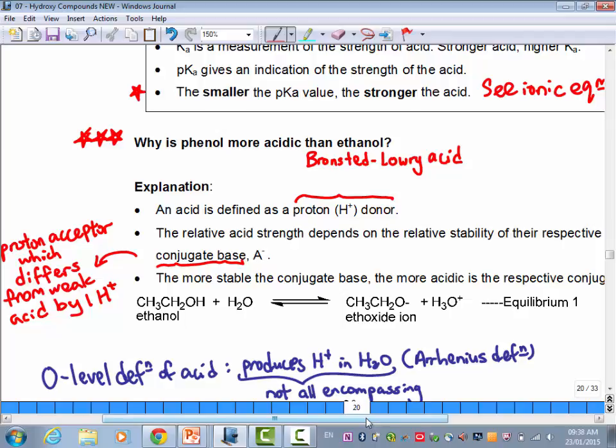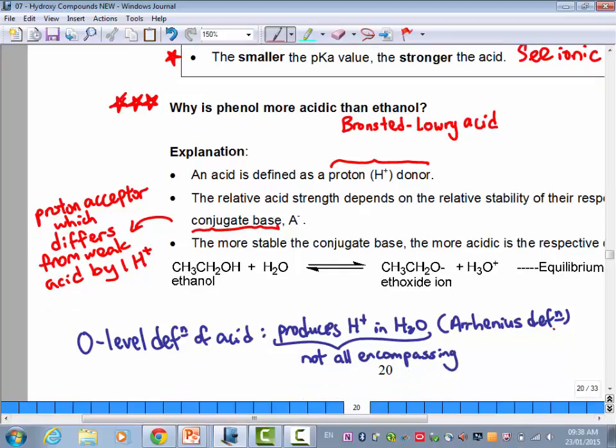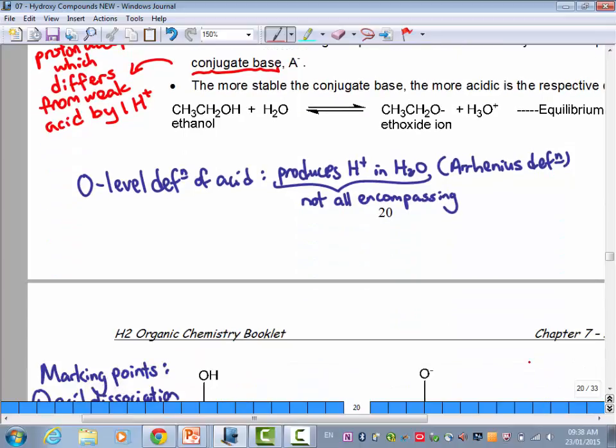If you want a more precise definition, a conjugate base is a proton acceptor. The acid is a donor, and the conjugate base is the acceptor, which differs from the weak acid by one proton. With this understanding in mind, we look at why phenol is more acidic than ethanol.